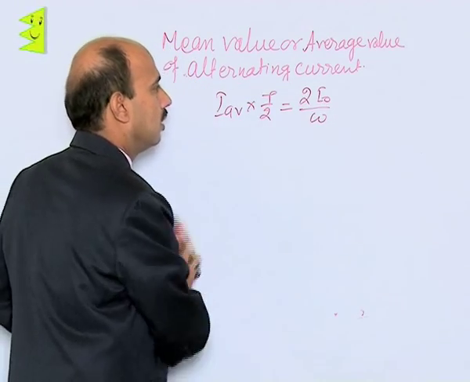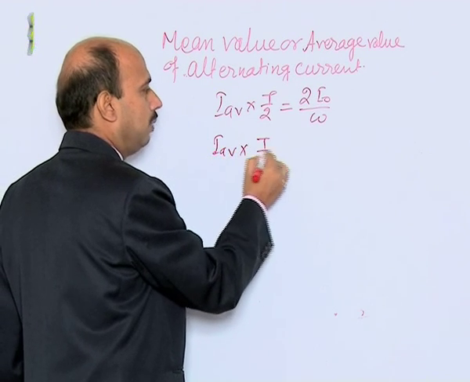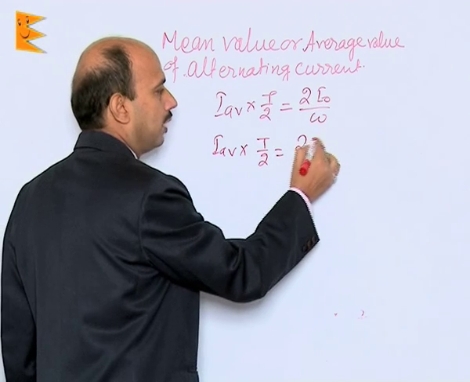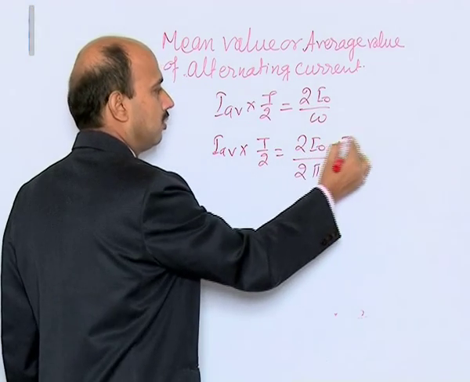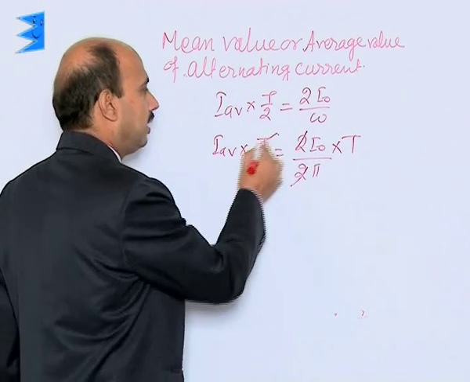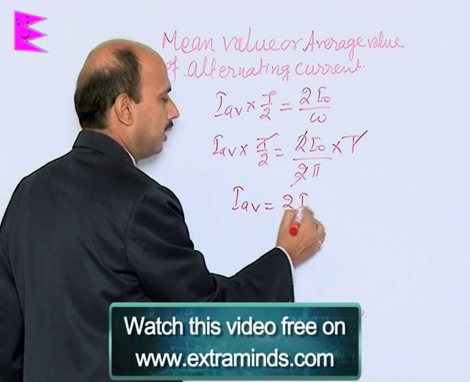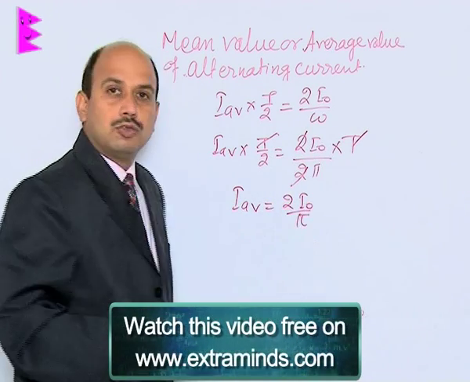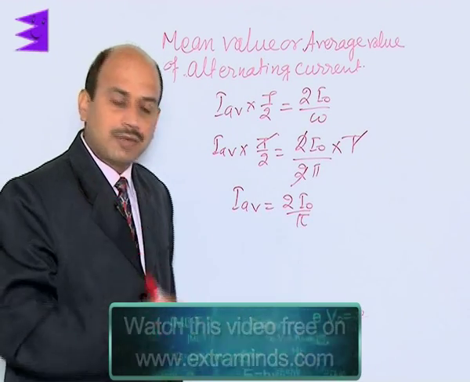So I average into T by 2 is equal to 2 I naught upon 2 pi into T. This will get cancelled, and T will get cancelled. So I average is equal to 2 I naught upon pi. This is the average value of AC in the first positive half cycle.